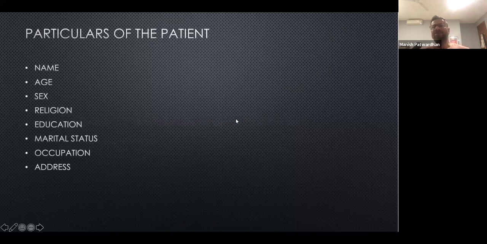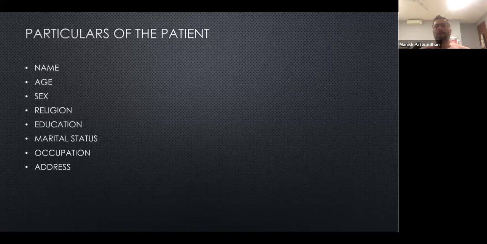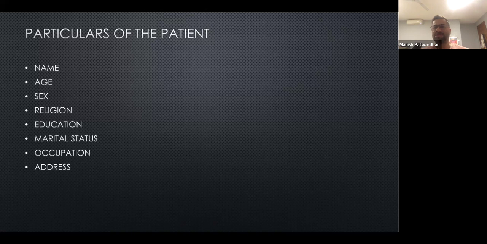So when we start examining the patient, always remember that questioning the person, or asking questions to the person, is extremely important. And how you ask the questions is very critical. But whilst you are asking the questions, your observation has to be to the point. You have to have a very strong observation capacity.